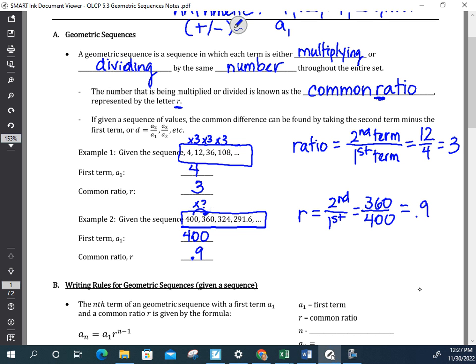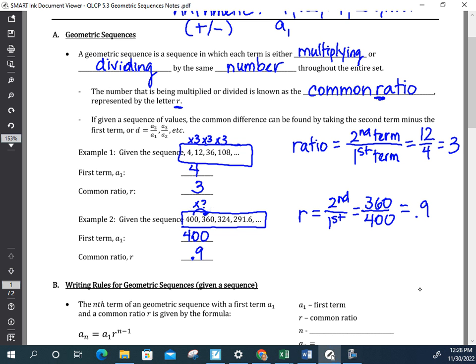So yes, you can get decimals as your common ratio. You can get negative numbers as well, if it was toggling back and forth between negative and positive. Things to keep in mind as you're going along. So to get the ratio, take the second term divided by the first term.